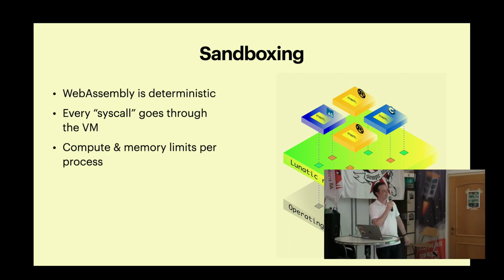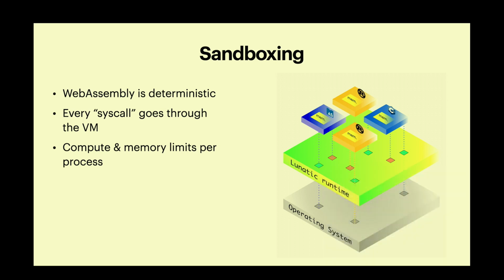If you think about it, there's a bit of a graphic here: each of these cubes on the top is a process, calling through the virtual machine to the operating system, but the virtual machine has all the control over what syscalls are allowed. So you can spawn a process and say this process is not allowed to make any networking request. It can only open certain files.